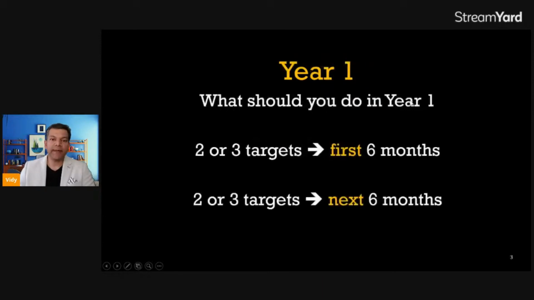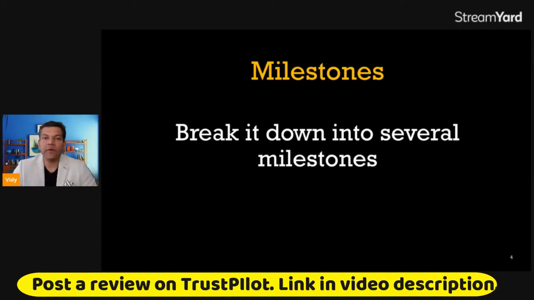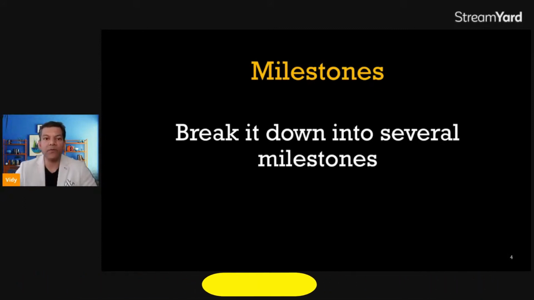These 2 or 3 targets that I have suggested, it is a good idea to break them down into several smaller ones. If you know your milestones, you can plan to achieve them. But if you do not have the milestones, you will just be progressing without any plan. So we need these milestones to be there.